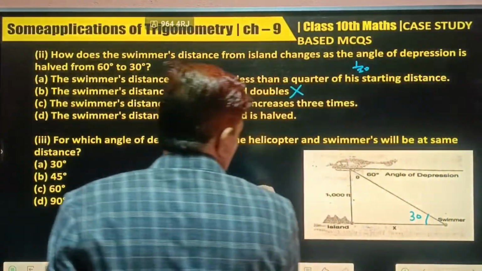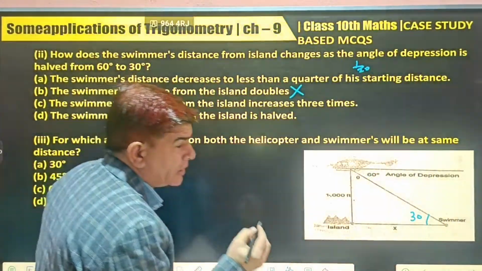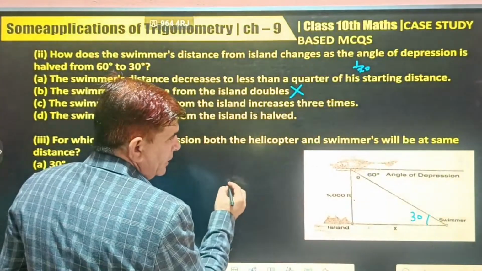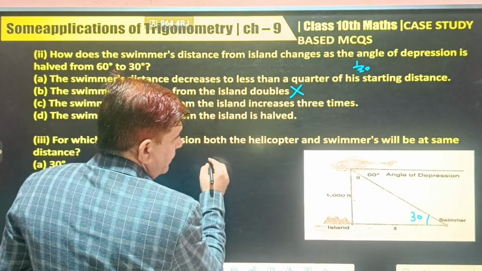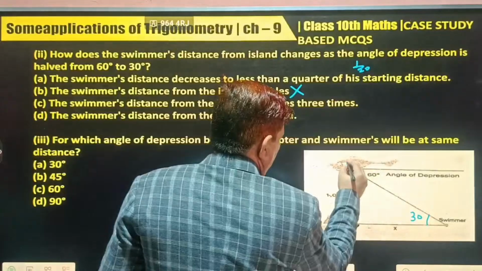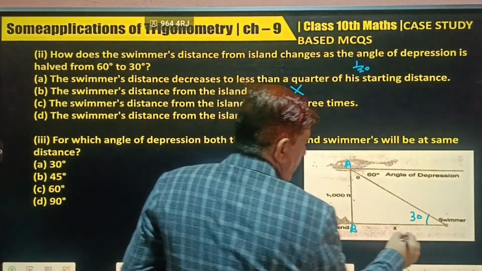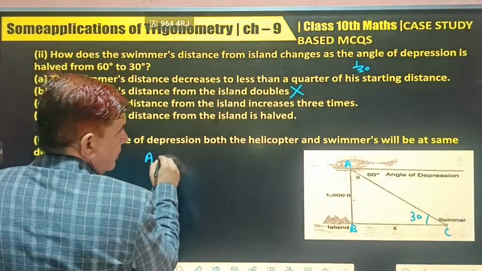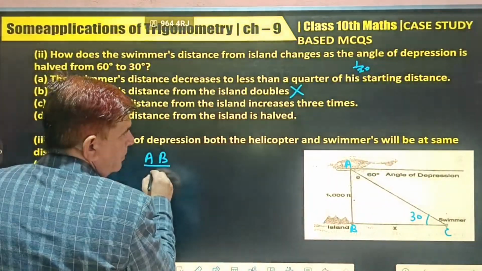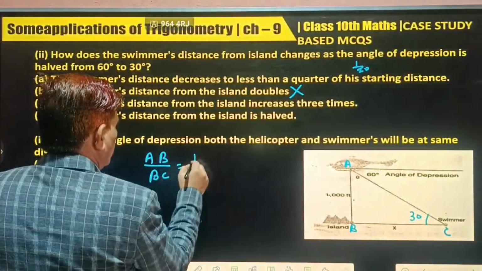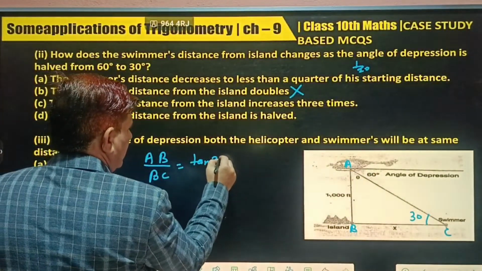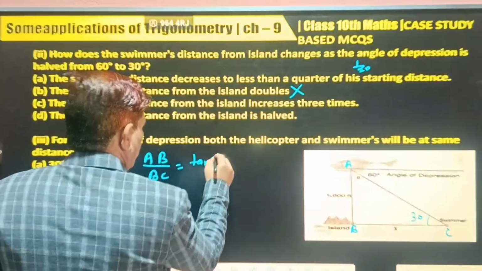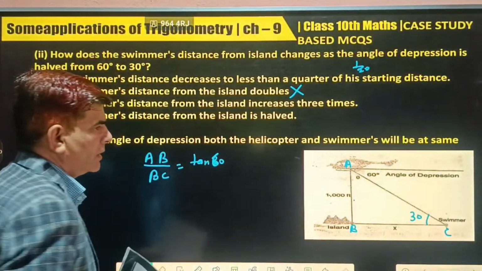If the angle of depression is 60 degree, this point is A, this is B, and this is C. So AB by BC is equal to tangent 60 degree, sorry, 60 degree.